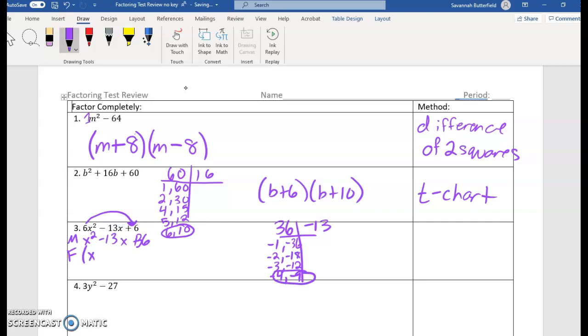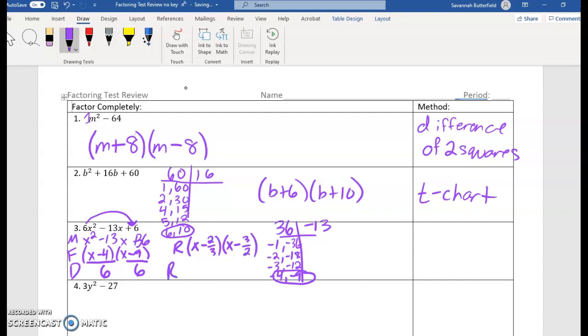So I'm going to have x minus 4 and x minus 9. Next step is D for divide. I have to divide both of these by my original a value of 6. My first R is to reduce, so 4 over 6 is going to become 2 over 3, and 9 over 6 is going to become 3 over 2.